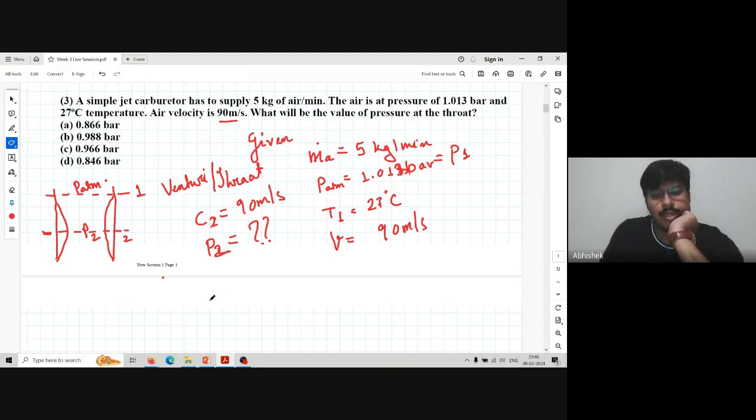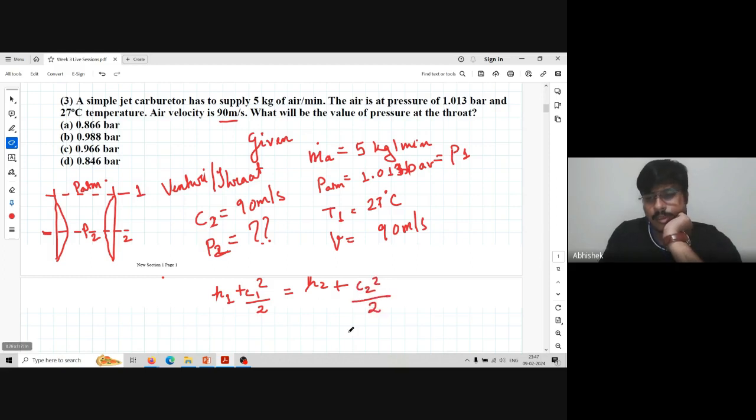Okay, just see now. It is air, so nothing else is mentioned. So take H1 plus C1 squared by 2 equal to H2 plus C2 squared by 2. Unless mentioned, don't take heat transfer and work transfer.